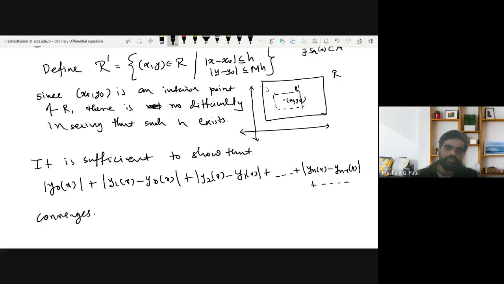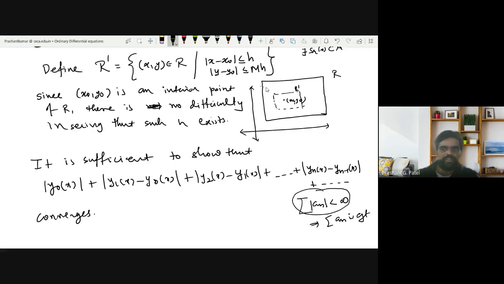Why? Because we know that absolute convergence, that means mod of an is convergent, implies summation of an is convergent. So in order to prove statement 1, that the series of those differences is convergent, it is sufficient to prove that it is absolutely convergent.